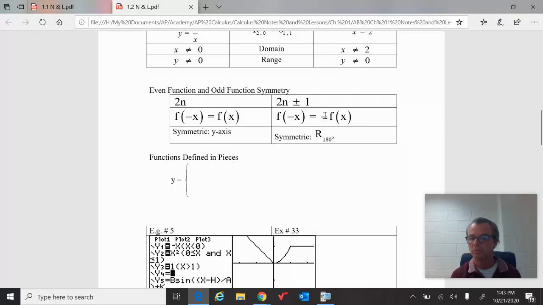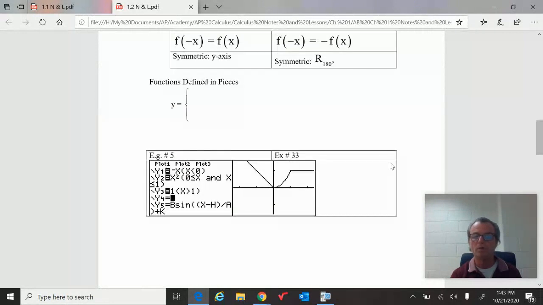Okay. Piecewise functions. Example 5 in the book on page 16 gives you a piecewise function, which is negative x in quadrant 2. So here's the graph of y equals negative x when x is less than 0.